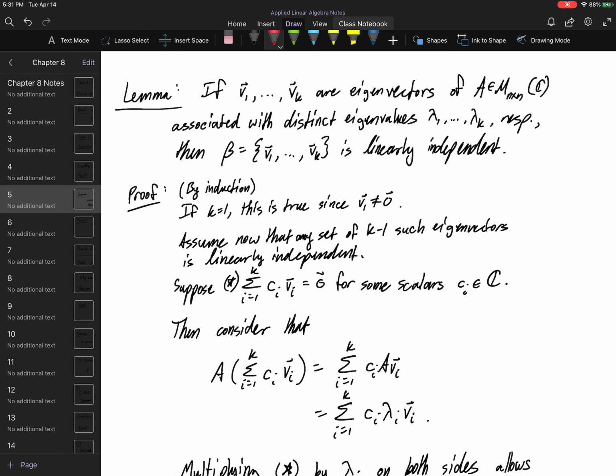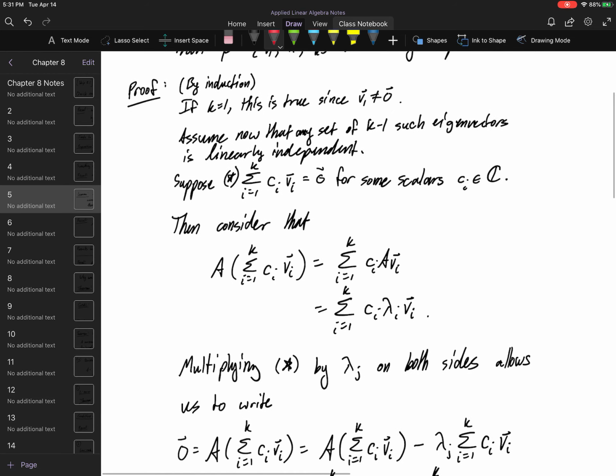So we need to show that because any set of k minus 1 eigenvectors corresponding to distinct eigenvalues is linearly independent, if we start off with a set of k vectors with the same property, that they correspond to distinct eigenvalues, this set is going to be linearly independent as well.